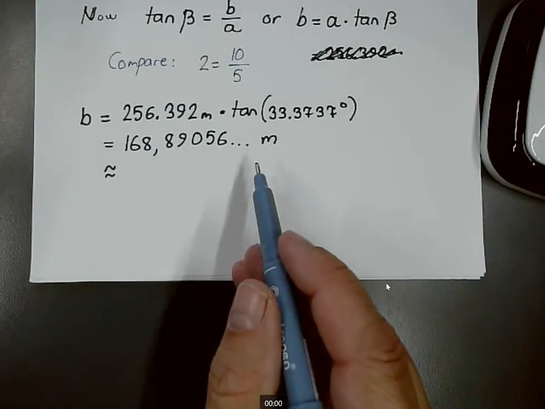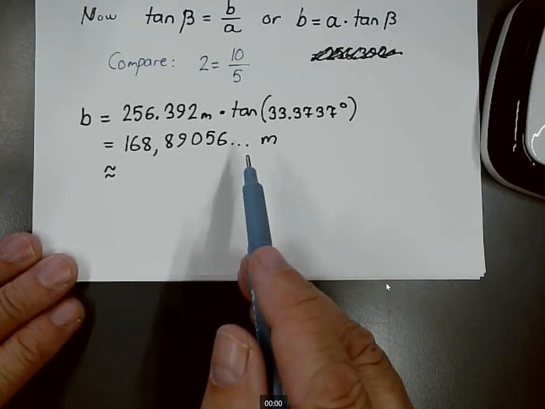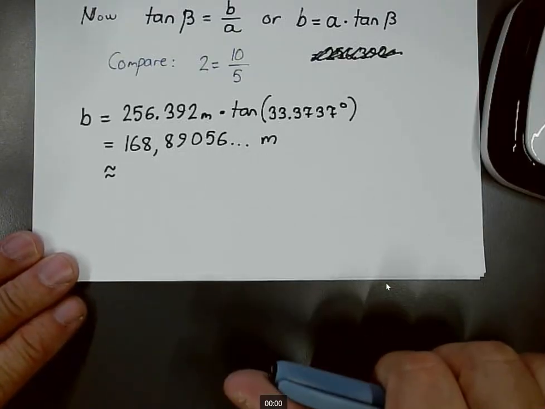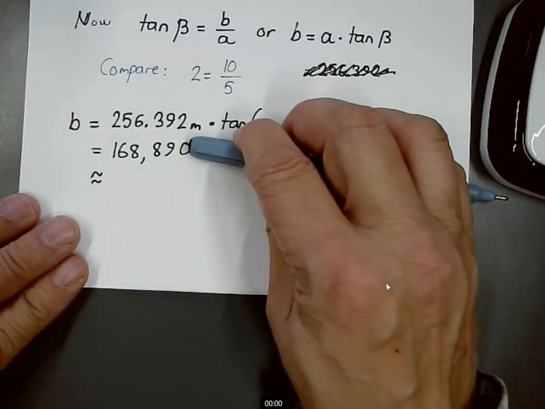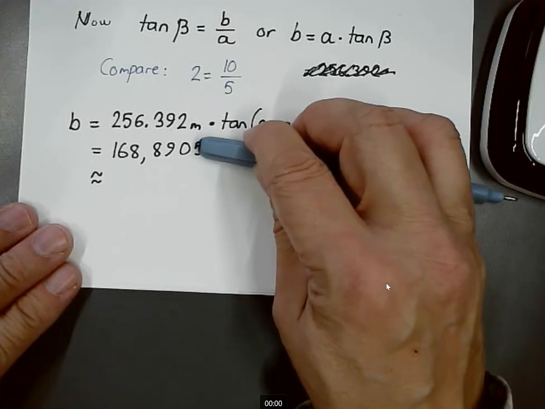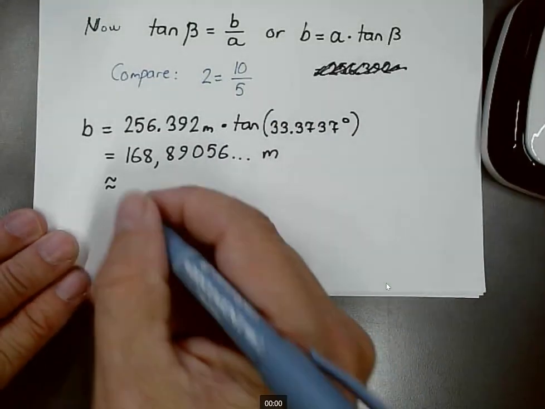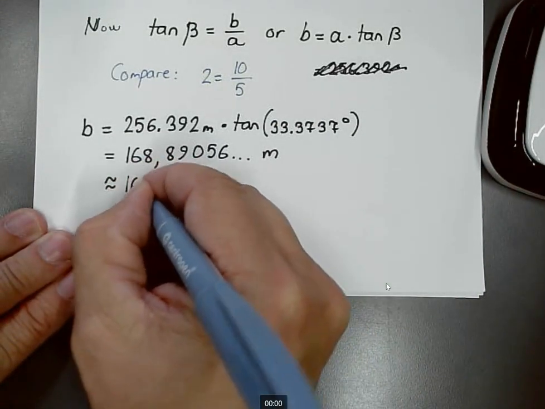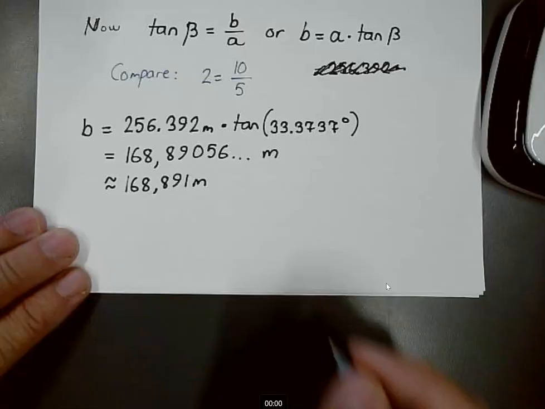So when we have length in meters, this 3 decimal places means accuracy of 1 millimeter. And here again, the next figure after the first 3 decimals is 5, and this 5 rounds this up, so it will become 891. 168.891 meters.